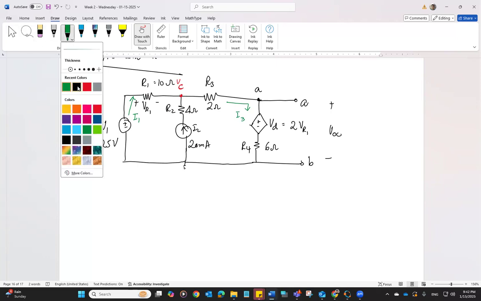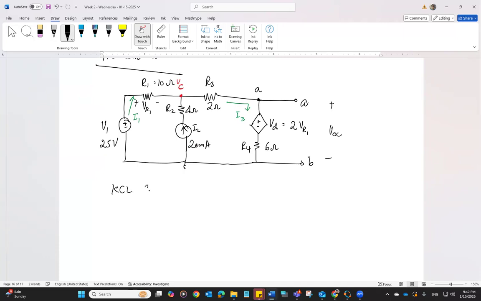So if we apply KCL at node C, we can write the KCL equation as I1 going towards the node plus I2 going towards the node, and this is source I2, if it is not clear.